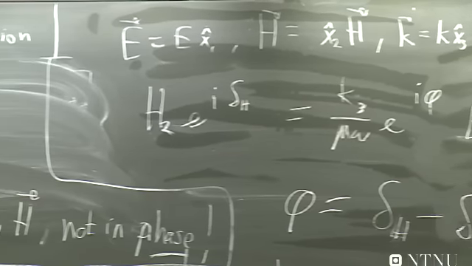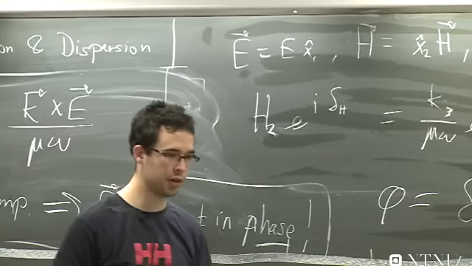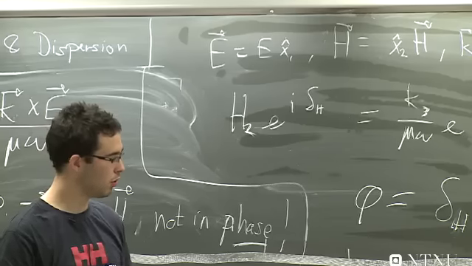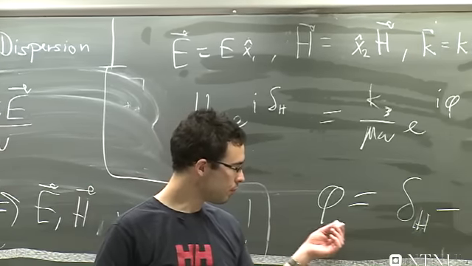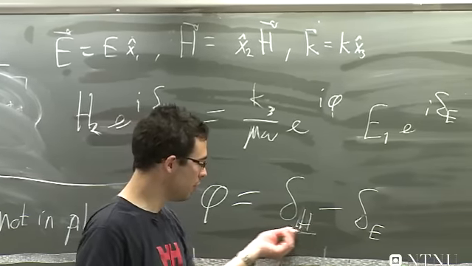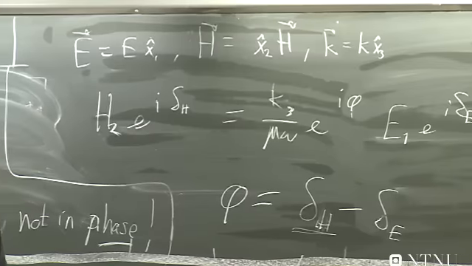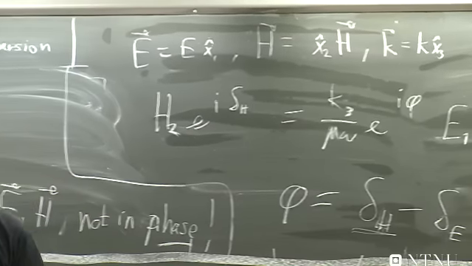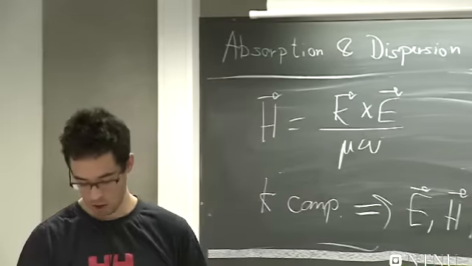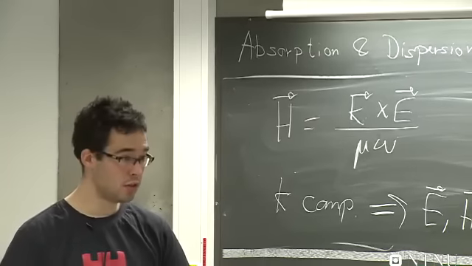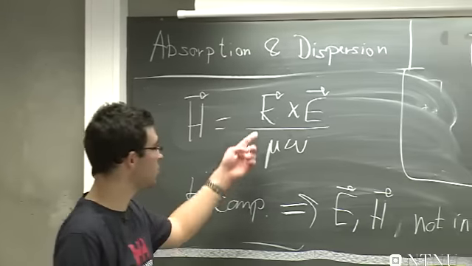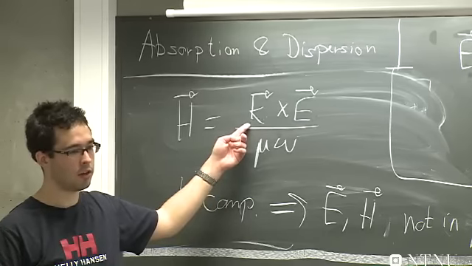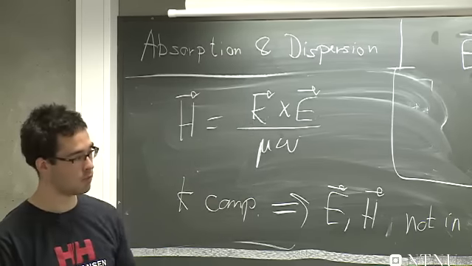So for physical reasons, the wave has to be attenuated, meaning that you're in the first quadrant, and then the magnetic field lags behind the electric. And there's a nice illustration of how this looks in the book. But this is just from the fact that epsilon, and therefore the wave vector, is complex.